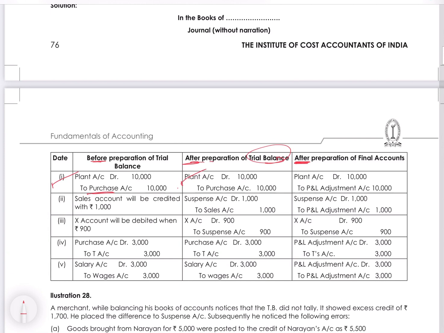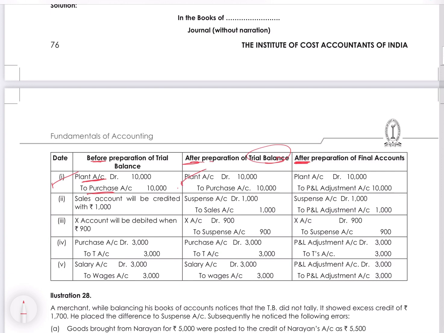So what will we do? Which is an asset account? Plant. In the main entry, we debited plant, so we'll debit plant account. But purchase is an expense account. As I said, expense accounts will be closed. They will no more be available. So instead of purchase account, we will hit the account where purchase goes, the trading account.